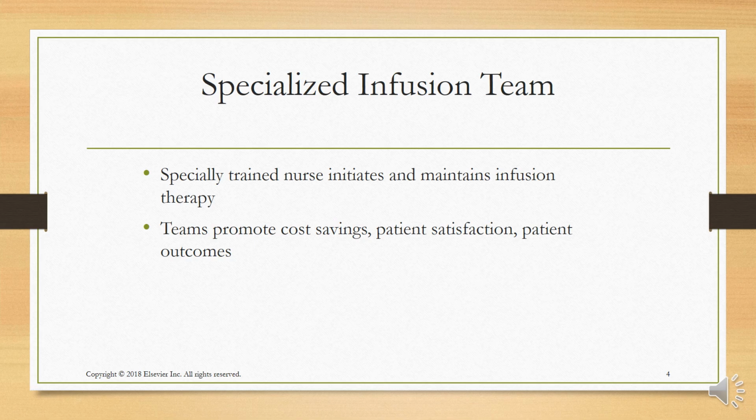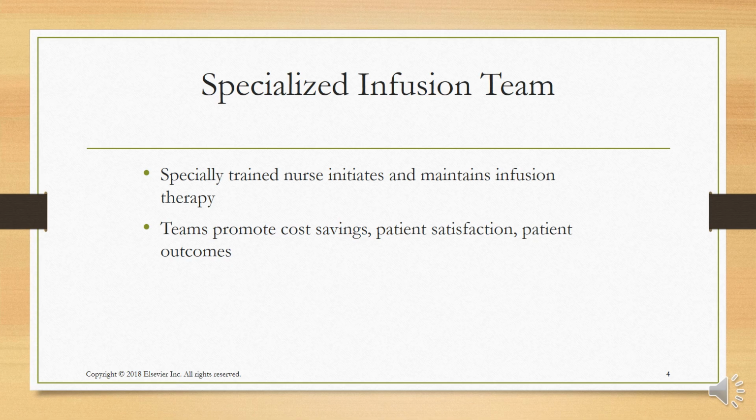So what do those infusion nurses do? They develop policy and procedures related to the infusion therapy in the facility where they work. They're going to insert and maintain all types of peripheral, midline, and sometimes even central venous catheters, and sometimes subcutaneous and intraosseous access. And of course, intraosseous would be directly into the bone.